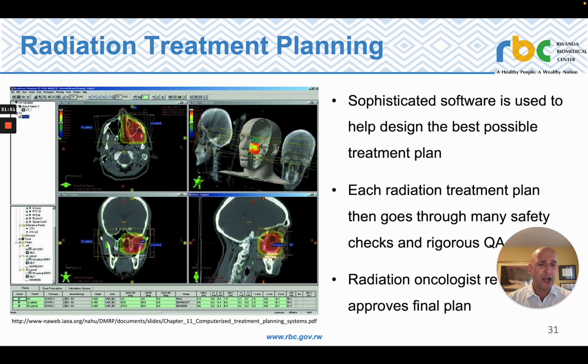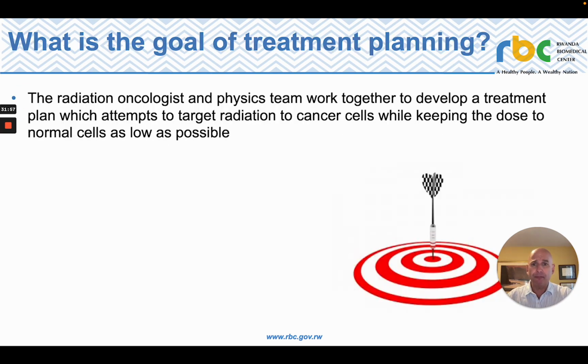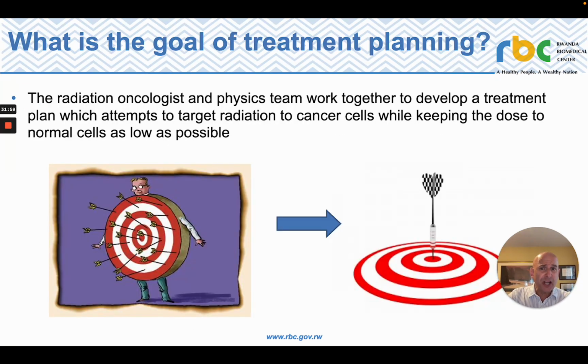The radiation oncologist reviews and finally approves the final plan. So now the patient is ready for treatment. So just to summarize the goal of that treatment planning process, the radiation oncologist and physics team work together to develop a treatment plan which attempts to target radiation to cancer cells while keeping the dose to normal cells as low as possible.